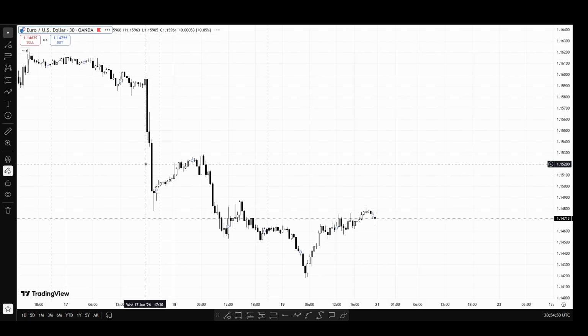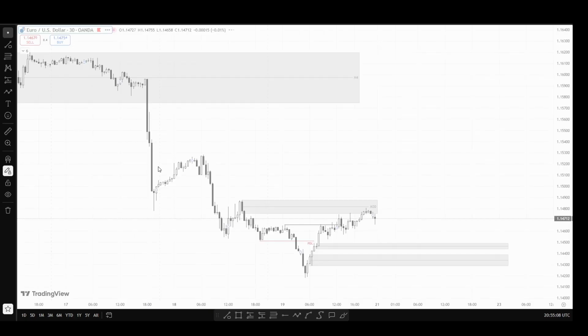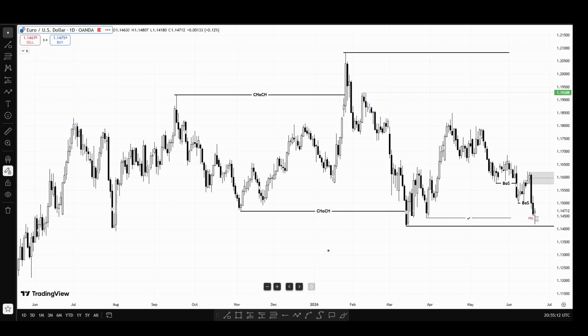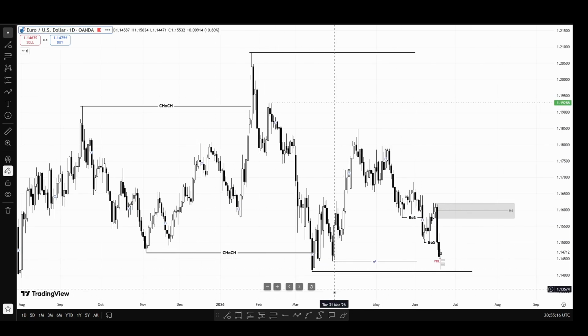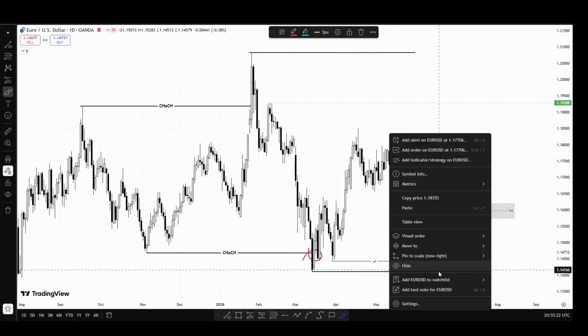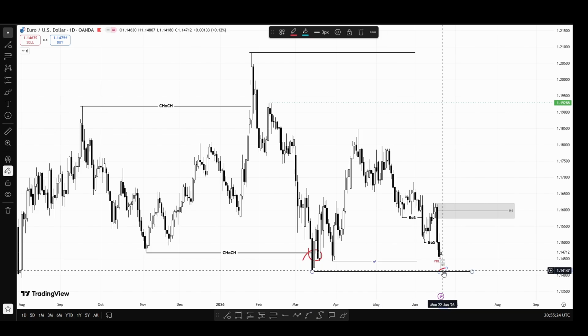So on the EURUSD, you can see that price gave a lower time frame change of character to the downside here, but we've not yet closed below this low.